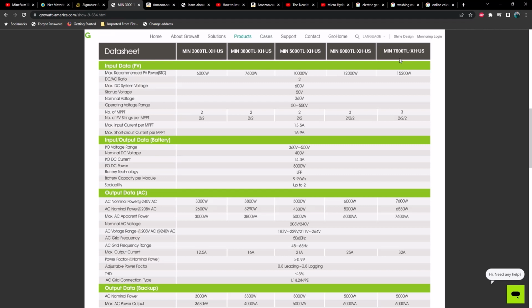In fact, I'd be lucky to get 90% of that. And my expectation was, on the best days, I'd probably be hitting a peak of about 6,000 watts, and so far that seems to be pretty accurate. So I went with the MIN 6000. This is capable of accepting 12,000 watts, but it can only output 6,000 watts.